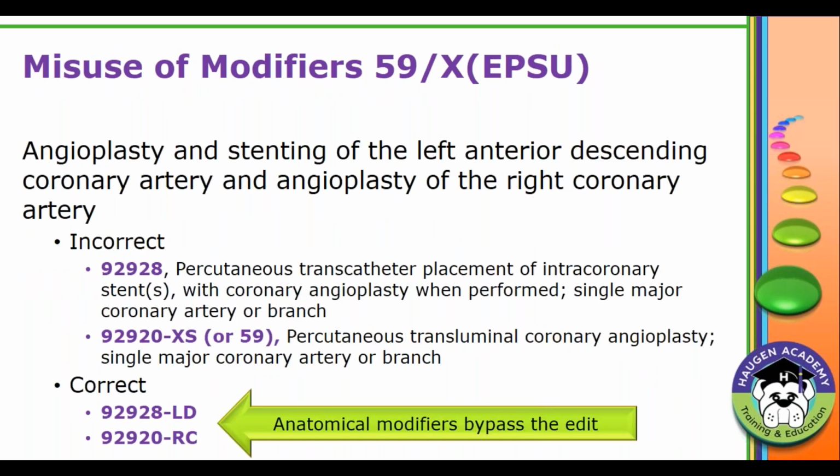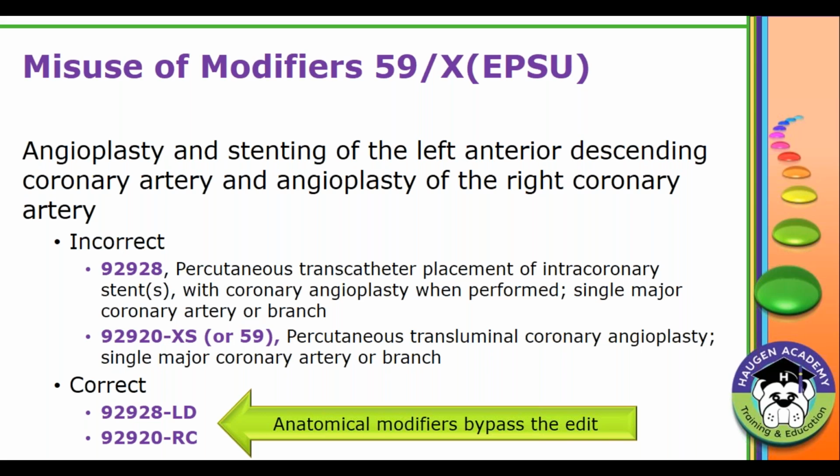Now, an example of misuse of modifier 59, and I've seen this where we have angioplasty and stenting of the LAD and angioplasty of the right coronary artery, and the coder reported a code for the angioplasty and the stent separately and realized that there was a CCI edit.